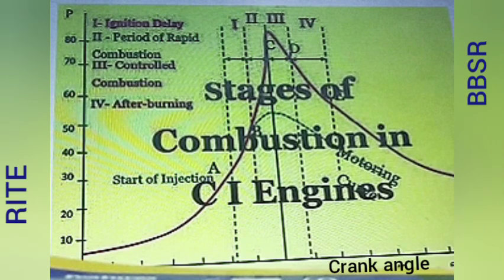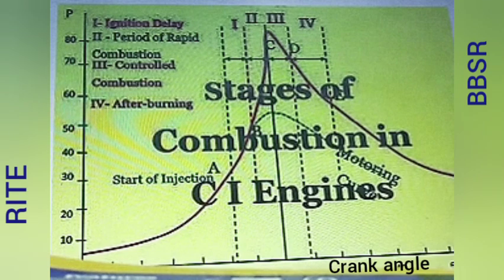The second one is what we call your chemical delay. Chemical delay is also part of the ignition delay, and during the chemical delay the reaction starts slowly and then accelerates until the ignition takes place.